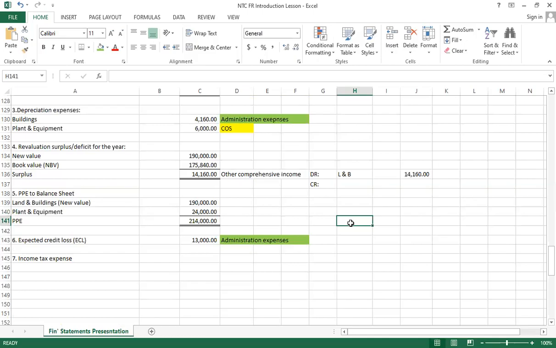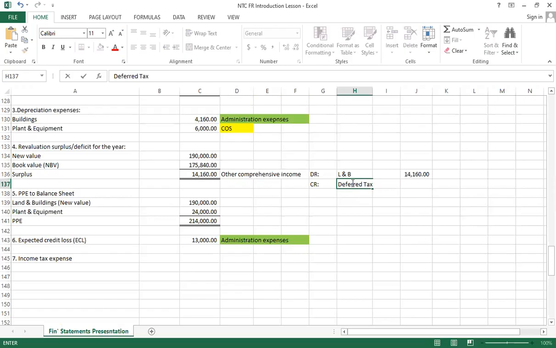And a gain is more like an income which you must tax. And so whenever a surplus occurs this way, the surplus attracts some taxation. And the taxation it attracts is what we call deferred tax.